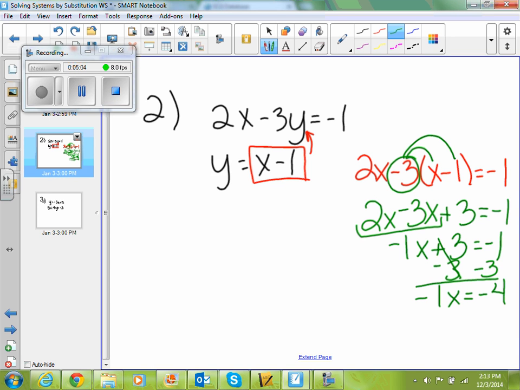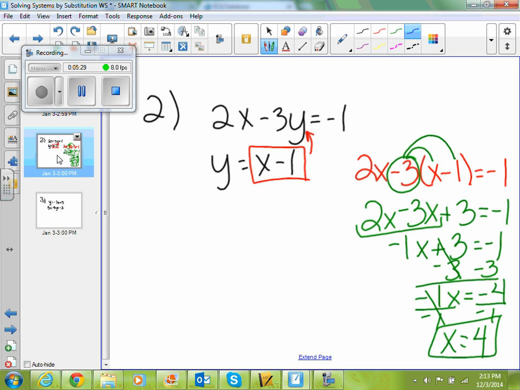Niles, what do I do last? You divide. Very good. So I divide by negative 1. And what is negative 4 divided by negative 1? 4. So x equals 4.